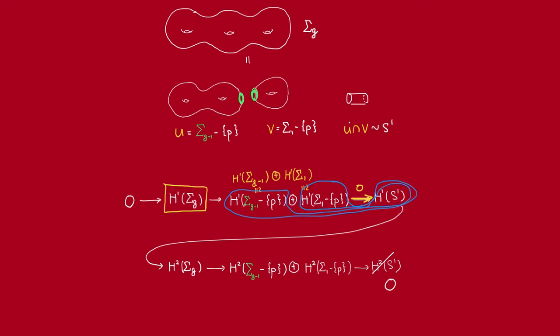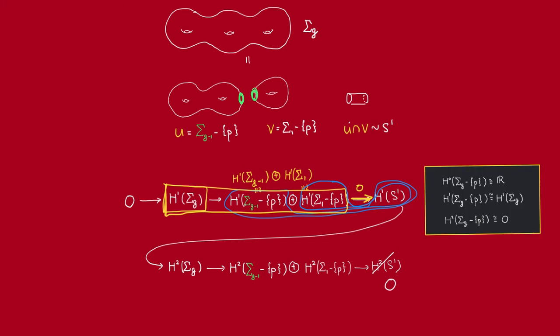So this whole map here is 0. And we have that this H1 of sigma G must be isomorphic to this direct sum. So what are these? We'll answer that in the next video. So in the next video, we're gonna compute the cohomology of the punctured G-hole torus.